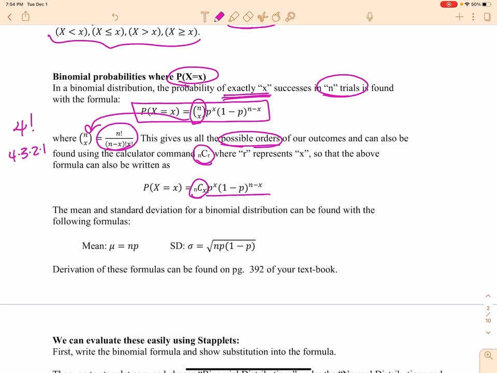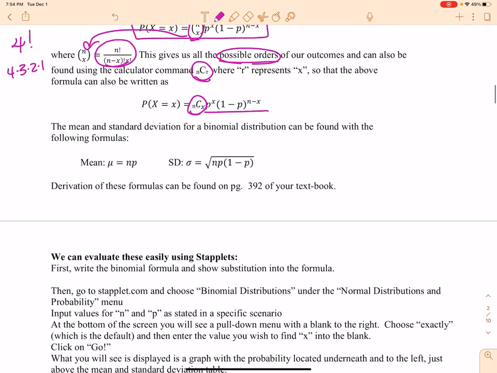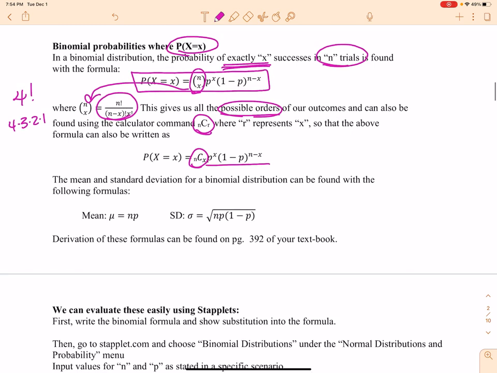Because remember, when we first did probability, we had to think about all the different ways that we could have a certain probability. Guess what? If you can establish that it's binomial, there's a formula that builds that in. You don't have to think about that. Isn't that exciting, kids? I know.